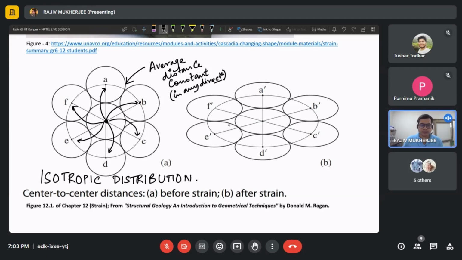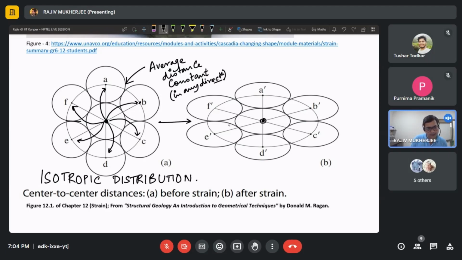Now eventually if we deform this entire package of markers, then we see that from the center to each individual point there is a change in distance, right? So if I draw it better, if this is my central point, and this length is my average length, right?